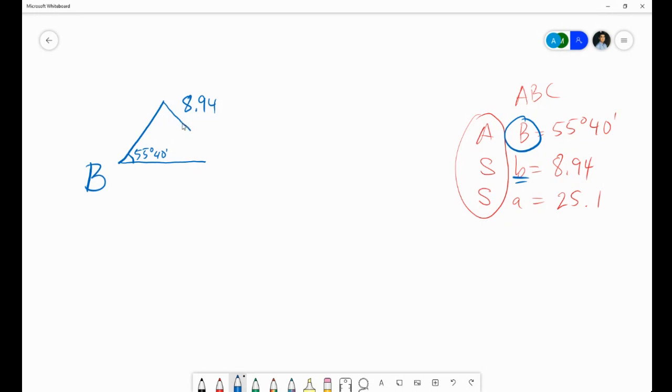And the third side, whatever value it is, we're going to put it over here, 25.1. So since this is A, the angle down here has to be A. If that's A, that's B, then this has to be C. And this has to be side C. So I'll pause here if you have any question on how to sketch this, okay?